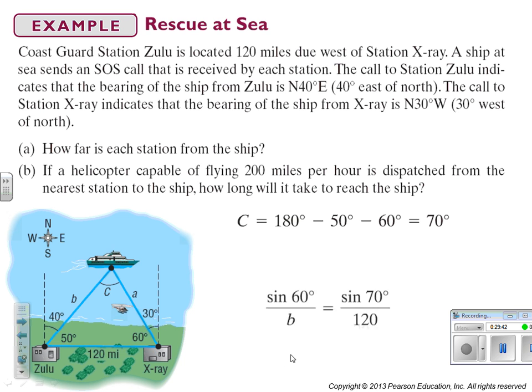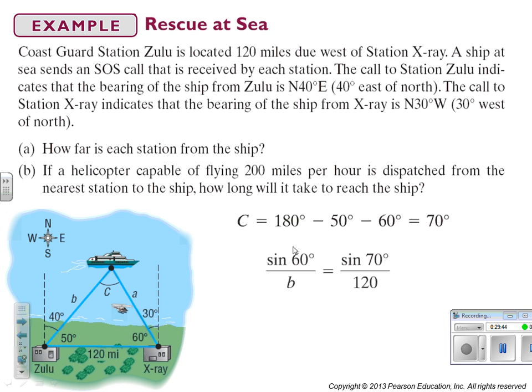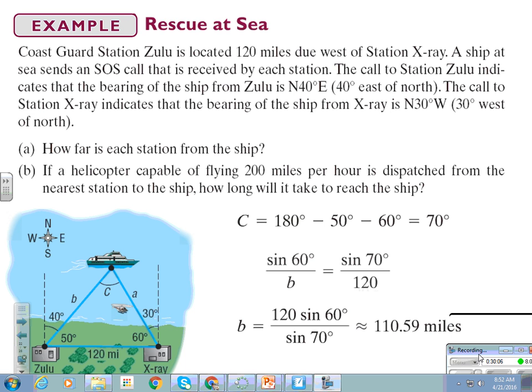We do the same thing from Zulu to this ship. So we go sine of 60 over B equals sine of 70 over 120. Cross multiply, you get 120 times sine 60 equals B times sine of 70. Divide by sine of 70, and you get 110.59 miles.